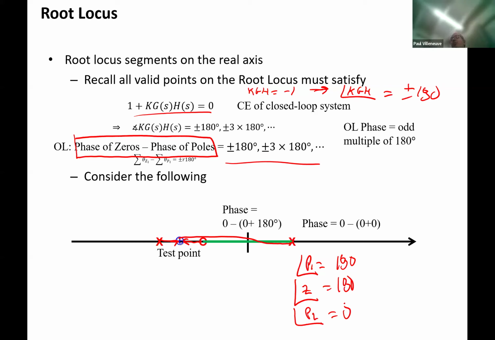So the angle of the zeros minus the angle of the poles. 180 minus 180 plus 0. Does that equal plus or minus 180? Does not. So over here is not a valid test point, is it? So it does live between this point 1 and this point 2. It does not live to the left of the 0.